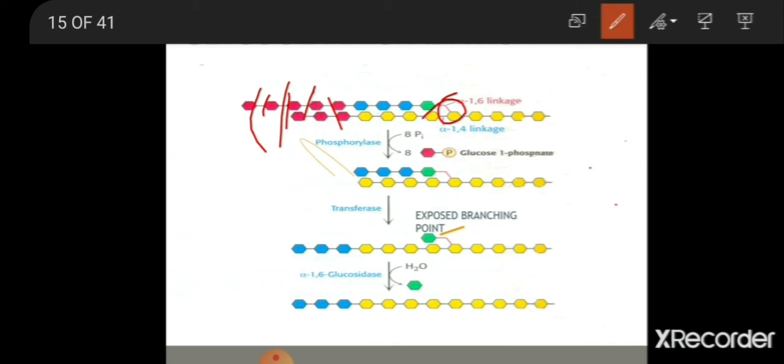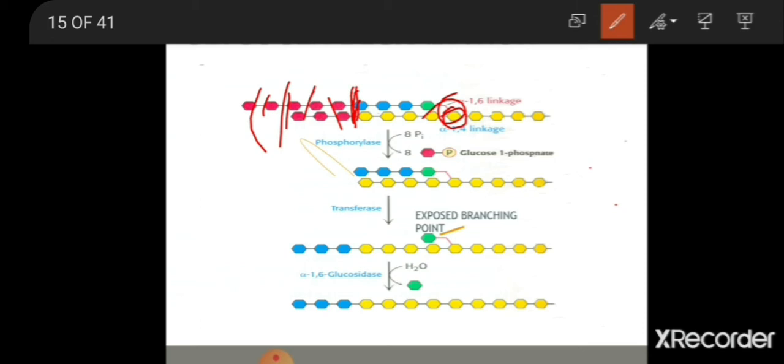So what does it do? It will stop its action 3,4 glucose residues away from the branch point. So it will stop its action when it reaches here. Our branch point is here, so it will stop its action 3,4 glucose residues away from the branch point.